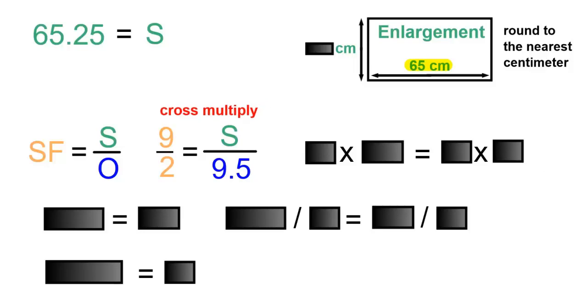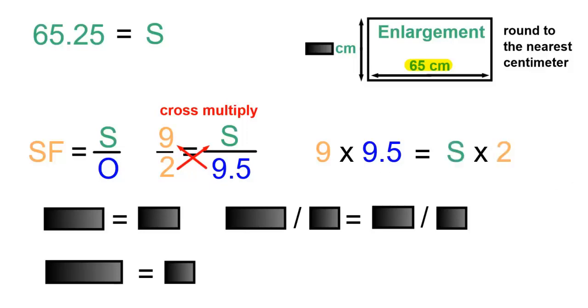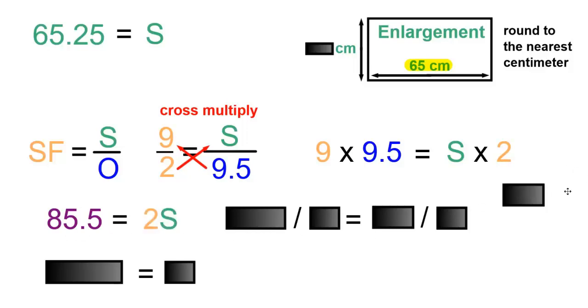Again, cross multiply. So we have 9 times 9.5. And on the other side, we have s times 2. 9 times 9.5 is 85.5. And s times 2 is 2s.